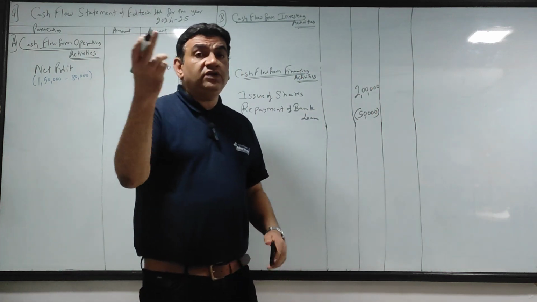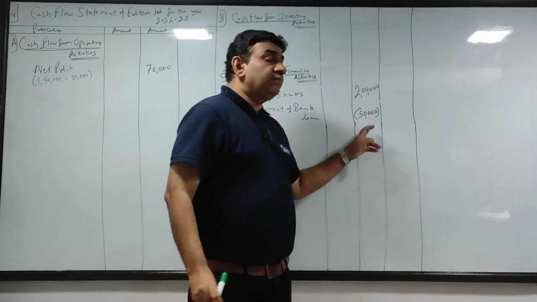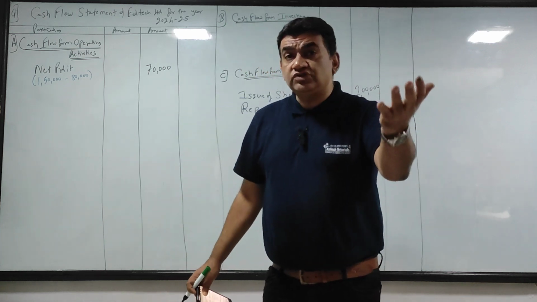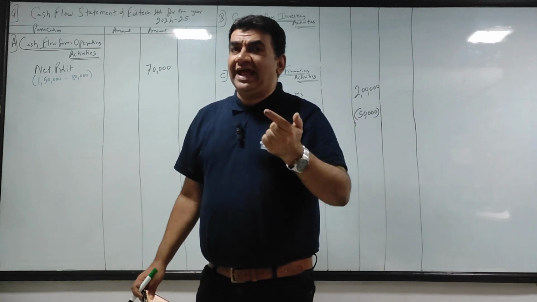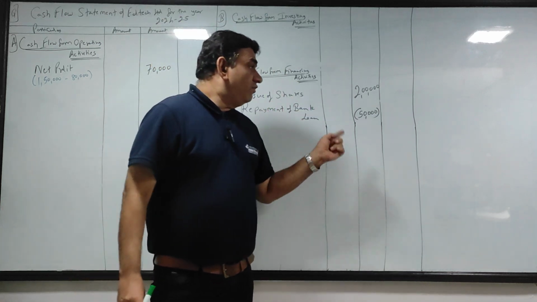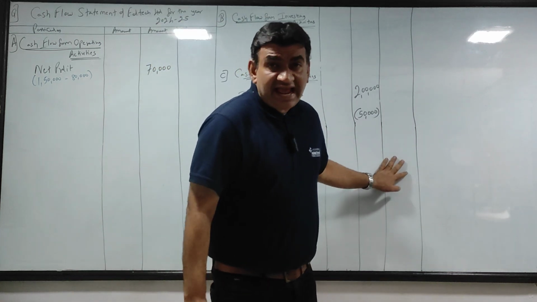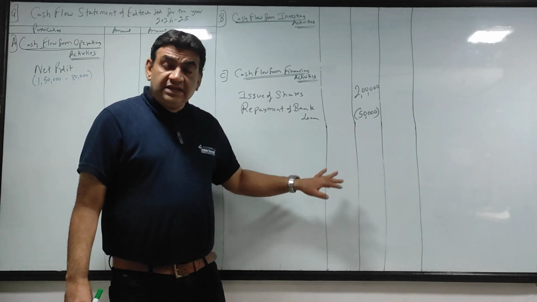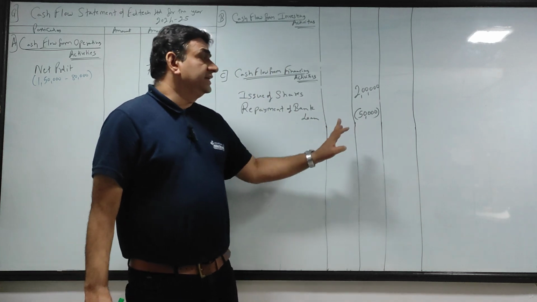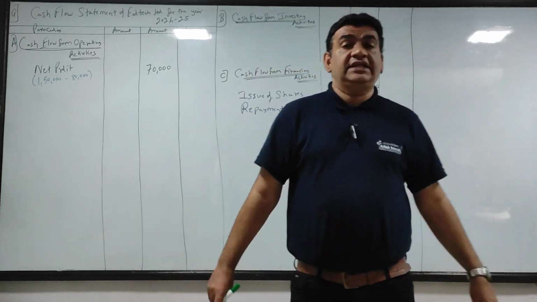Suppose this 150 had become 2 lakhs, it would be positive 50. I have taken a loan of 50,000. But now 150 has become 1 lakh. That means I have repaid 50,000 of the loan. So it is negative 50,000.